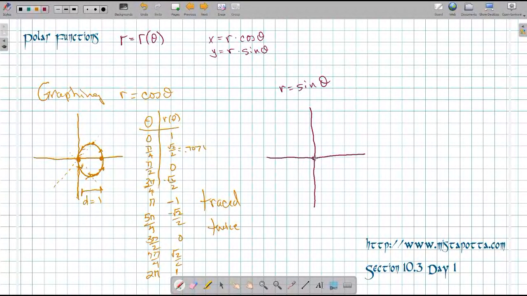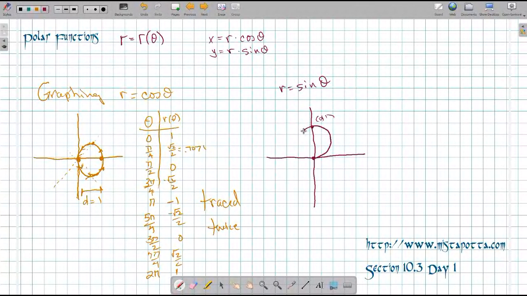And I end up tracing the circle this way, coming back up to y equals 1 when theta equals pi over 2.